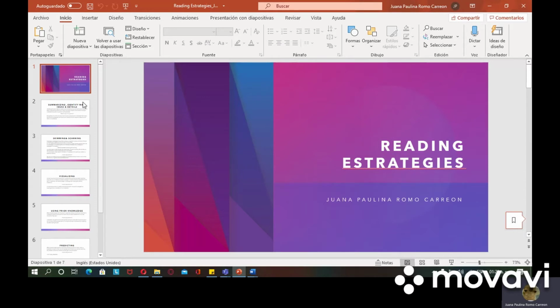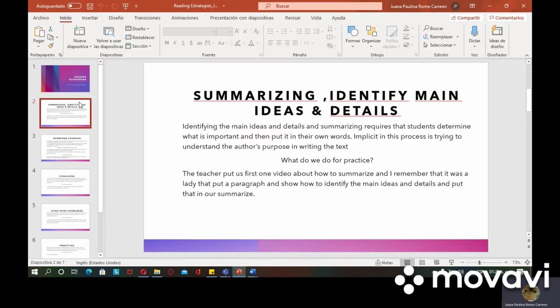Well, reading strategies. First, summarizing and identifying main ideas and details. When we saw this topic, the teacher showed us a little video about how to summarize.